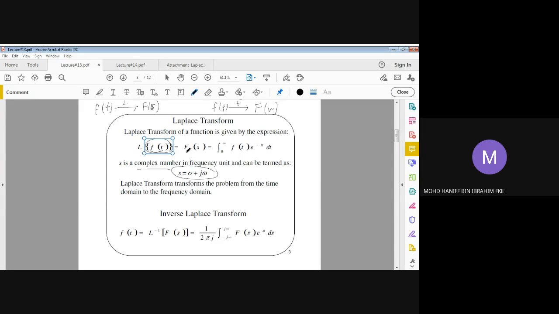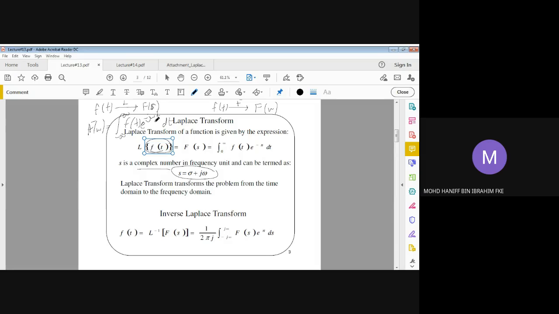I want to compare this integration equation with the things that we learned in chapter 3 last time on Fourier transform, in which, if we recall, F(omega) in Fourier transform is equal to the integration from negative infinity to positive infinity of f(t) e^(-j omega t) dt.